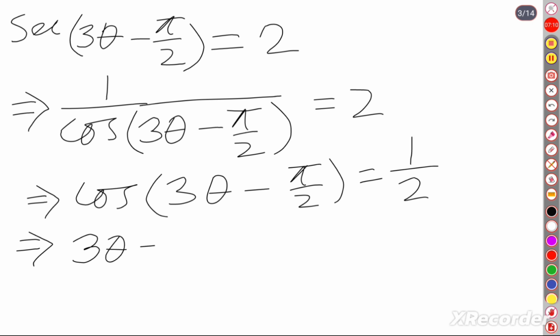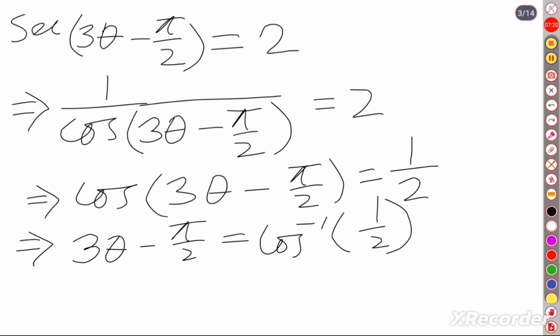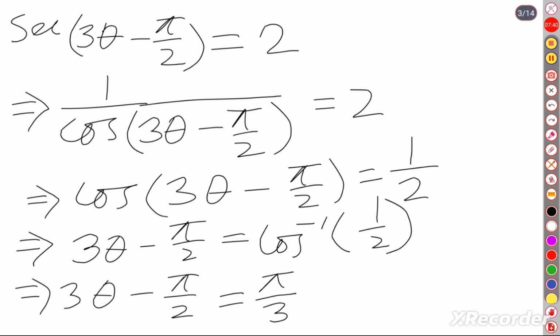As our value is positive, 3θ − π/2 equals cos inverse of half, and cos inverse of half is actually π/3. Now let's see, according to our domain, what was it?